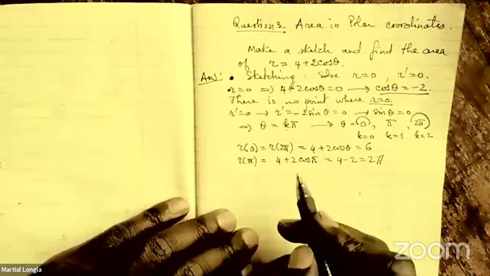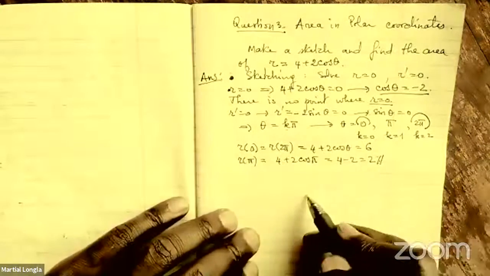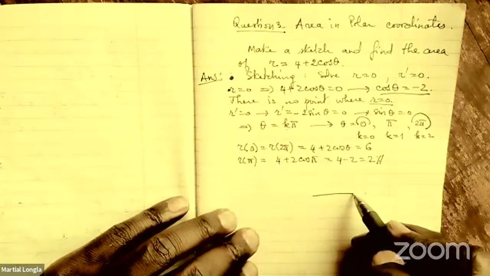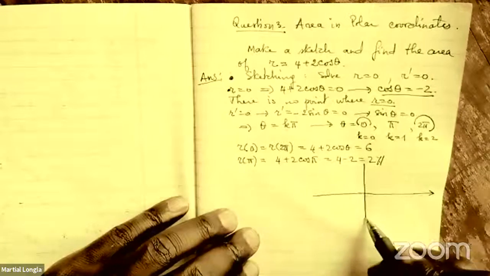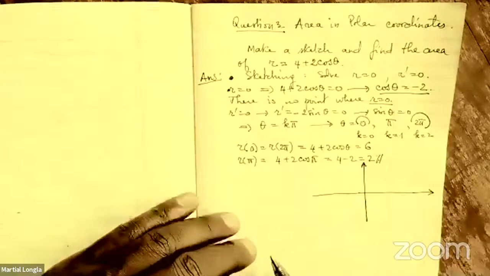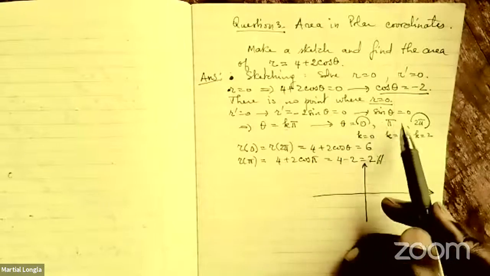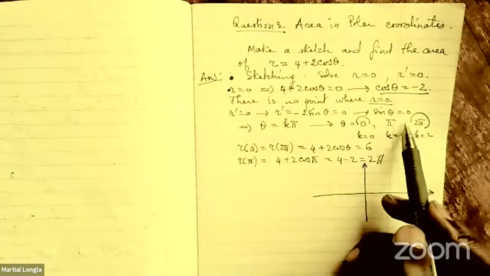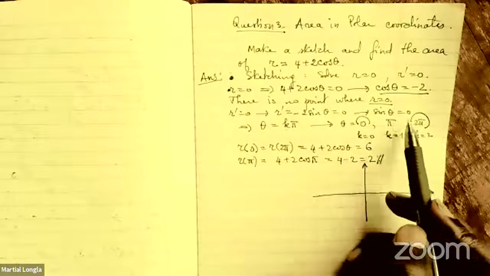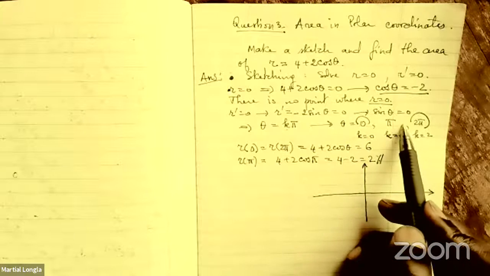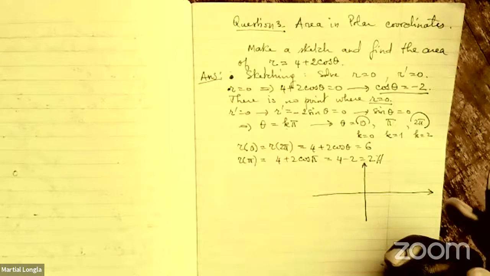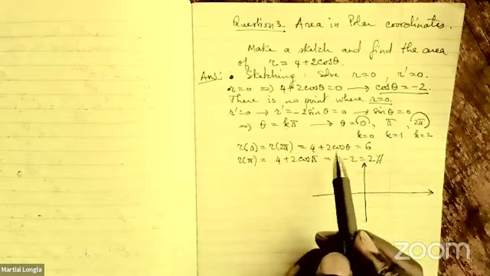So that means if we want to sketch this thing, and because you don't have extra points, you might pick some numbers between these two to see how the curve is going to go. You can take pi over 2 and 3 pi over 2.